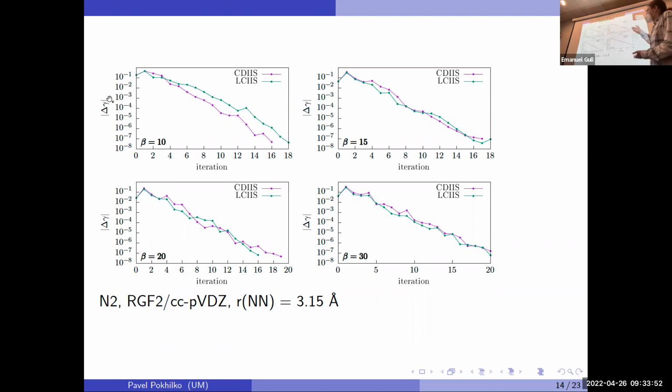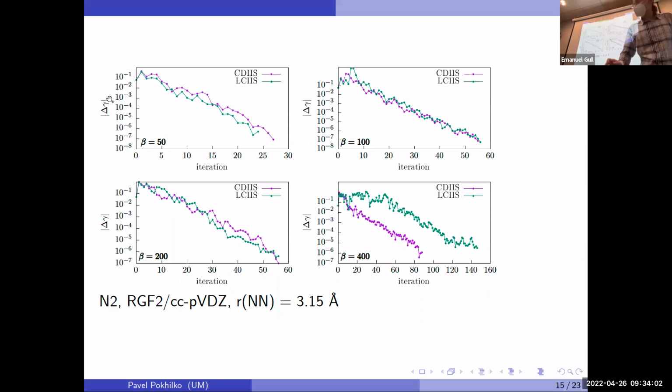Then I repeat the process. I take the final solution, reduce the temperature and run it again and again. In this manner, one can arrive at a very low temperature and obtain the restricted GF2 solution for a strongly correlated case. Once the temperature decreases, the correlation becomes stronger.